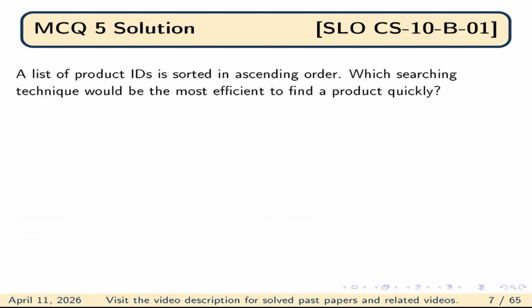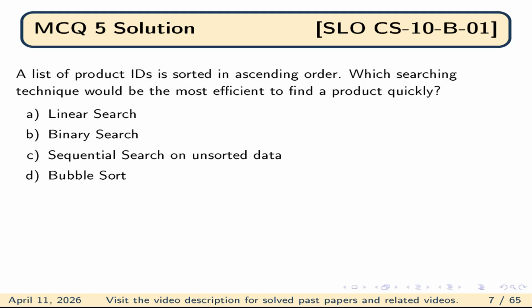Question number 5. A list of product IDs is stored in ascending order. Which searching technique would be the most efficient to find a product quickly? Now see, here the list is already in sorted order. Options: linear search, binary search, sequential search on unsorted data, or bubble sort. The correct option is binary search, because the list of item IDs is already in sorted order.